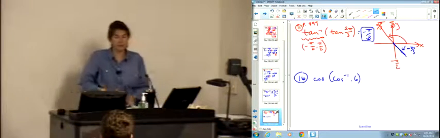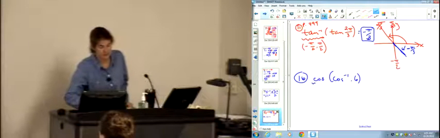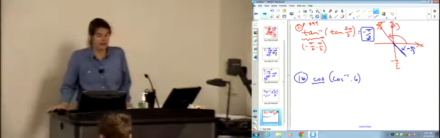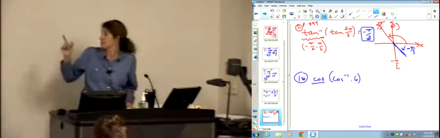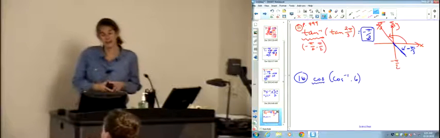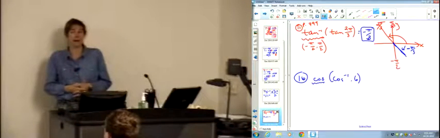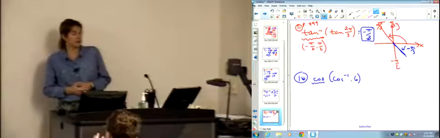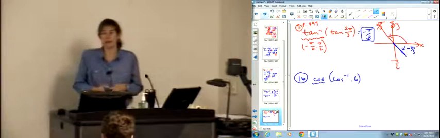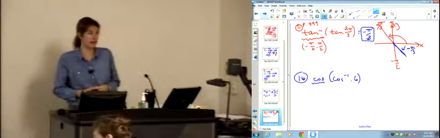So what we're looking at, though, we always look at the outermost function to give us our parameters that we're looking within. And on the inverse tangent up there on the first one, that was the outside function. So we had to look from negative pi halves to positive pi halves. But now on this one, cosine's the outside function. So if it's actually the trig function, we're looking at the range of their graphs, how far they go.